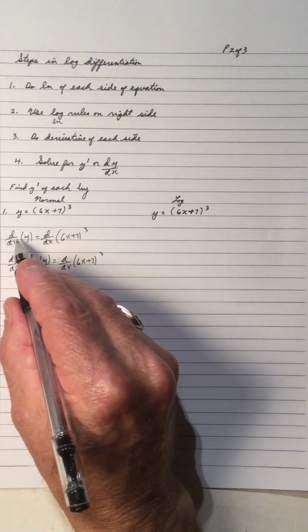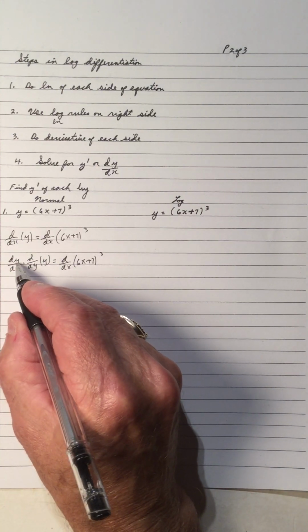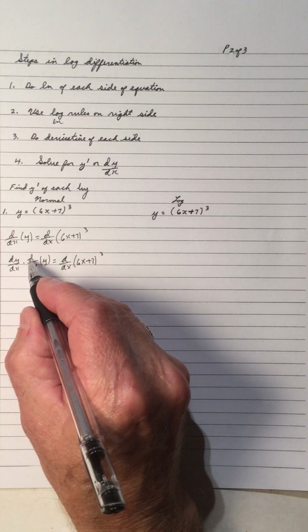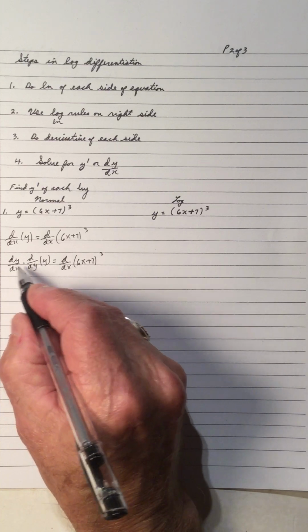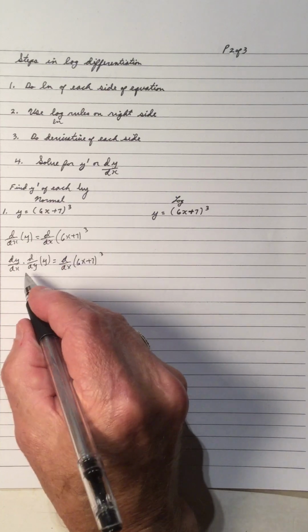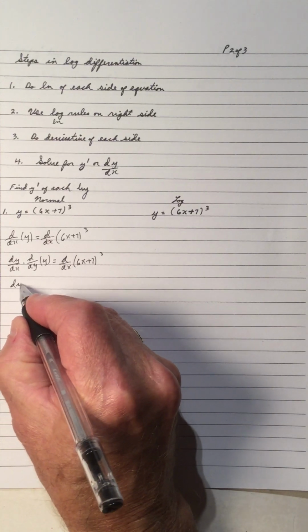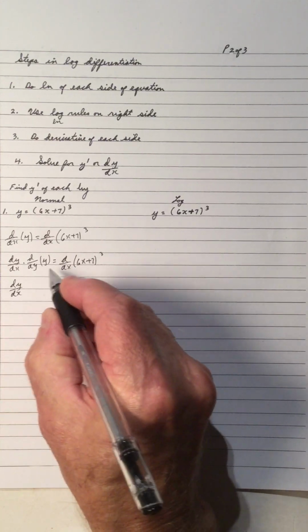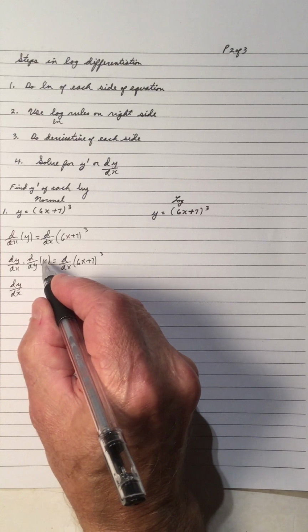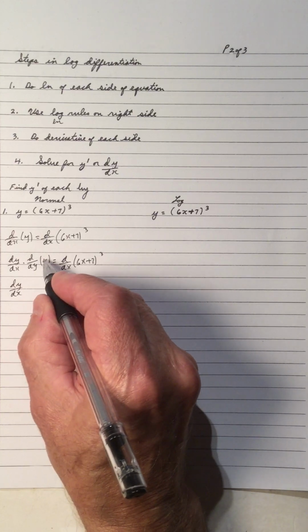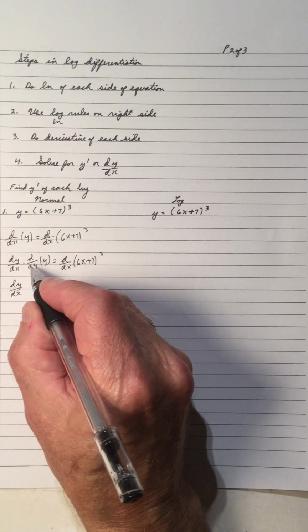So what happens is the d/dx I change to dy over dx, d over dy. Notice the dy's cancel out and leave me with this. So that means I have a dy/dx.